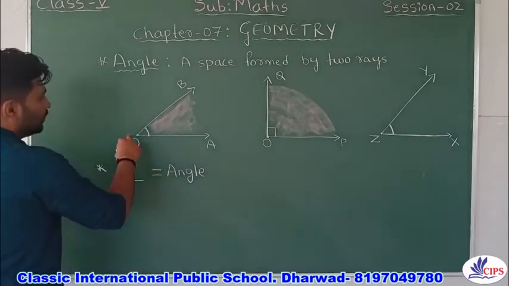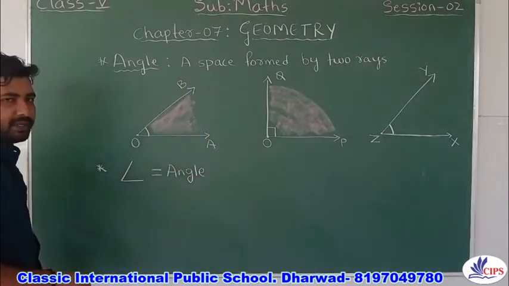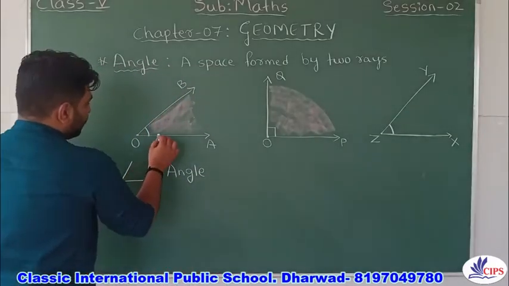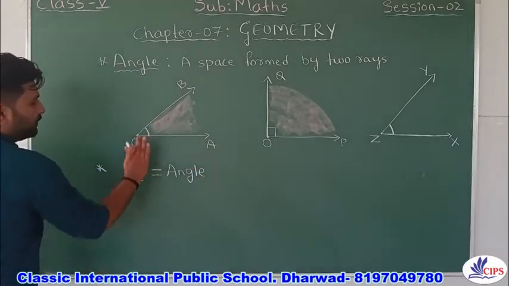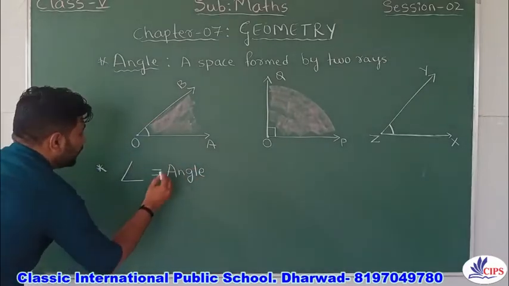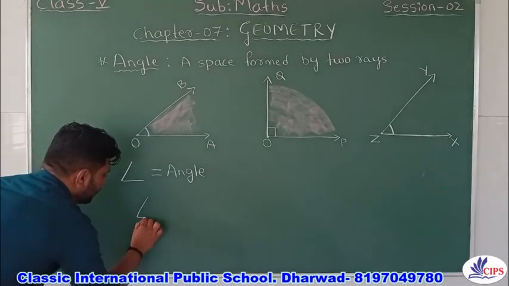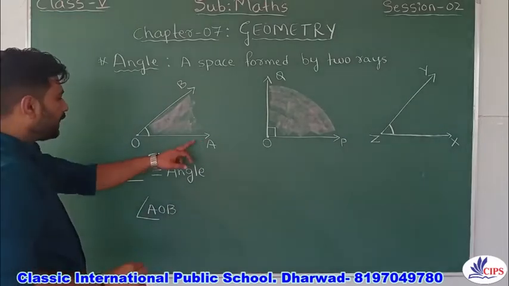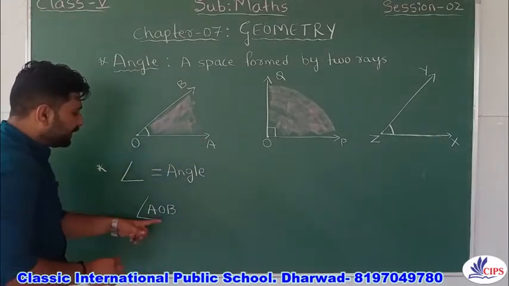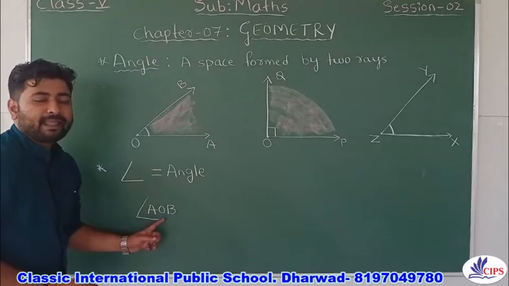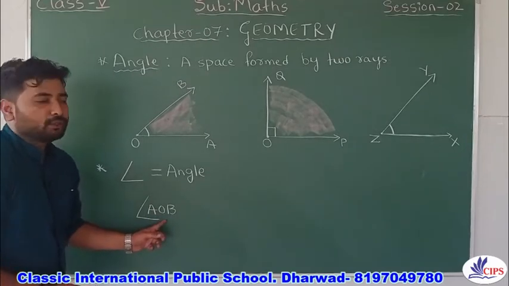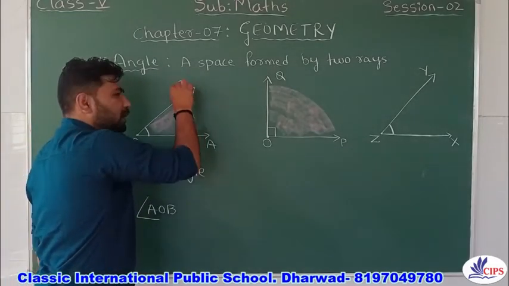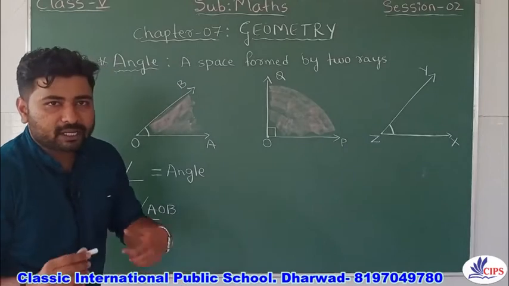Before that, what is OB here? OA and OB are the rays, right? You know that, which is why I didn't write it. Now, how would naming work? I can write angle AOB. The middle letter always indicates the angle. Don't write OAB, because from A to B there is no connection. If there is no connection, then the angle won't exist.